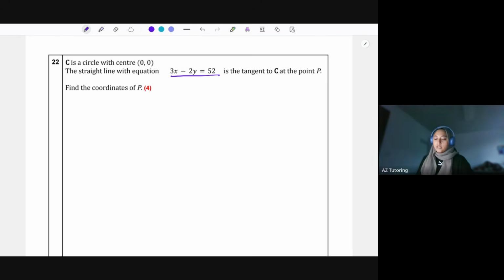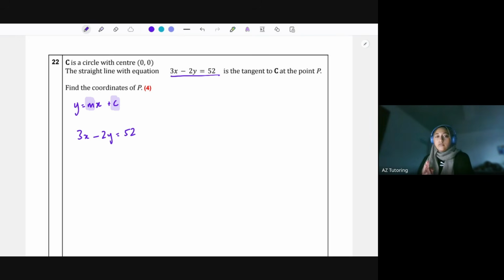Okay, so first things first, I'm going to rearrange this equation to make it look like y equals mx plus c, because remember, with y equals mx plus c, we know m is the gradient and c is the y-intercept, so I can easily spot that and pull out that information from here. So let's start off with that. I'm going to make this y positive, so I'm going to write 3x minus 2y equals 52.